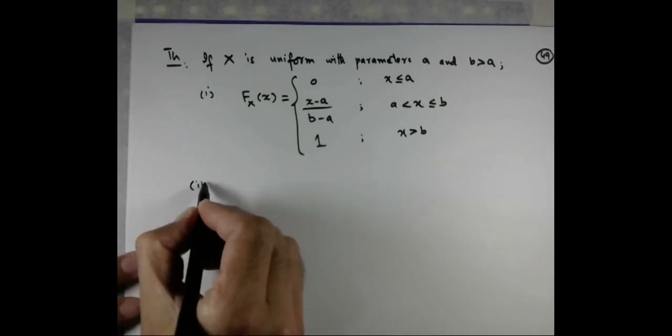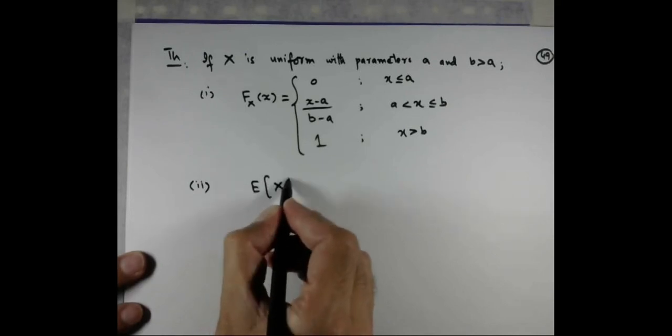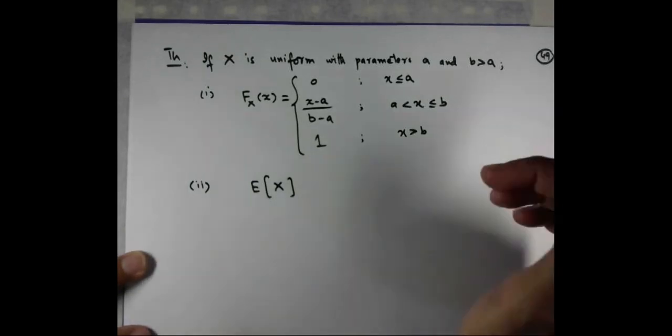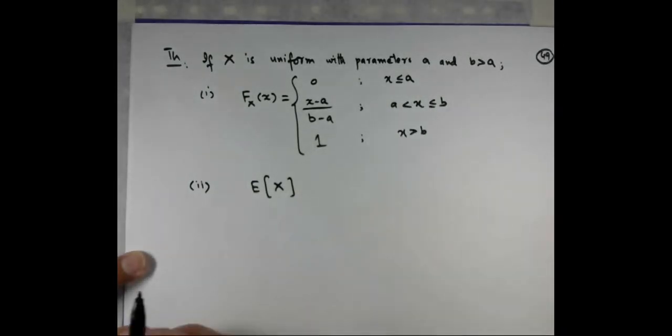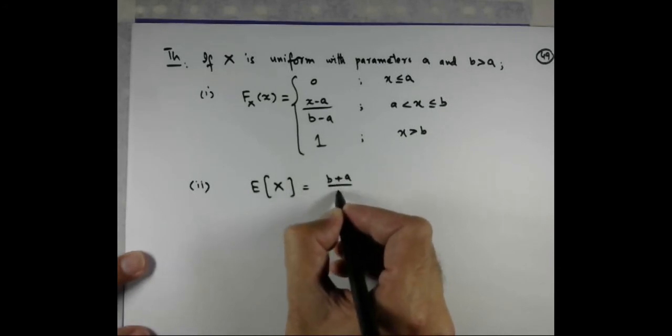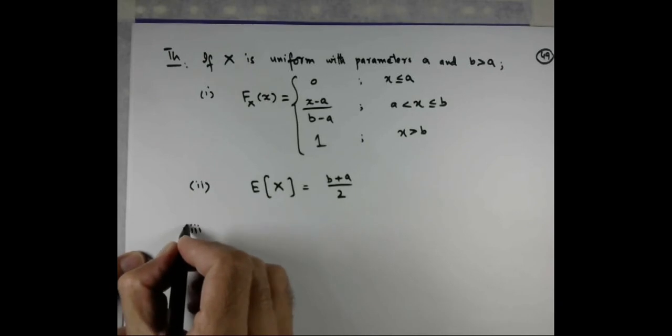Secondly, the expected value of this X, which is a uniform random variable uniformly distributed within this particular range, is equal to (B plus A) over 2. Again, this is very simple. We'll see how.